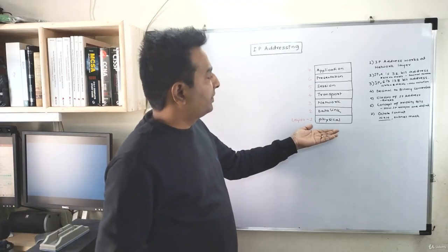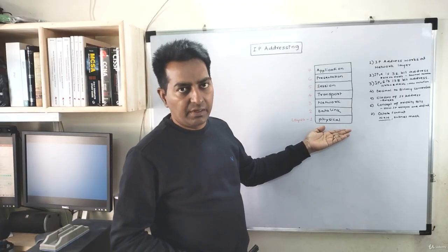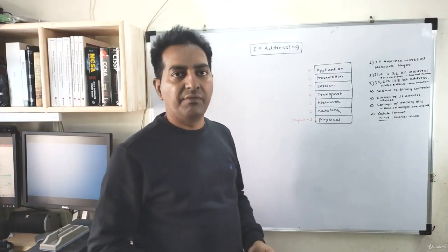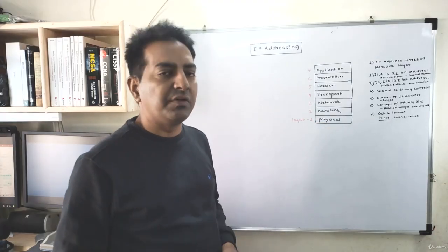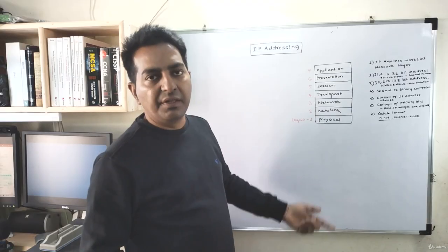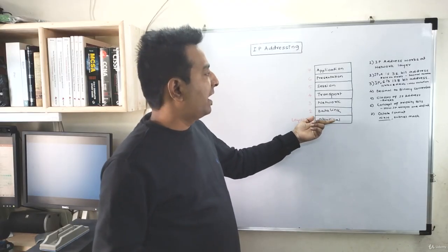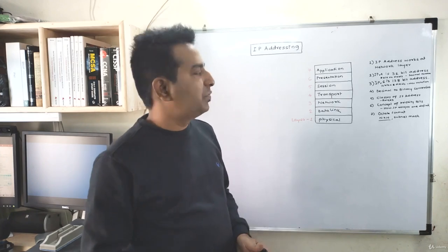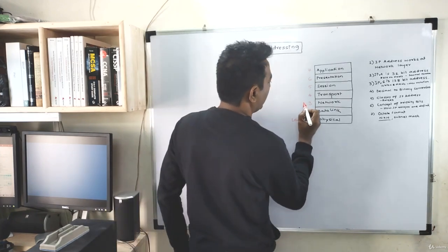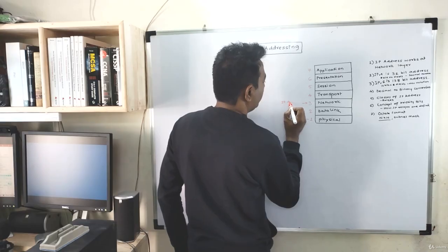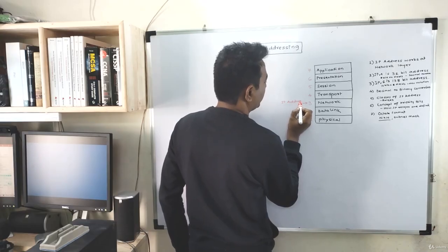This needs to be very clear, as when you work on any network devices or any technology where IP addressing is involved, you need clarity that an IP address works at the network layer. This is the layer at which an IP address works.